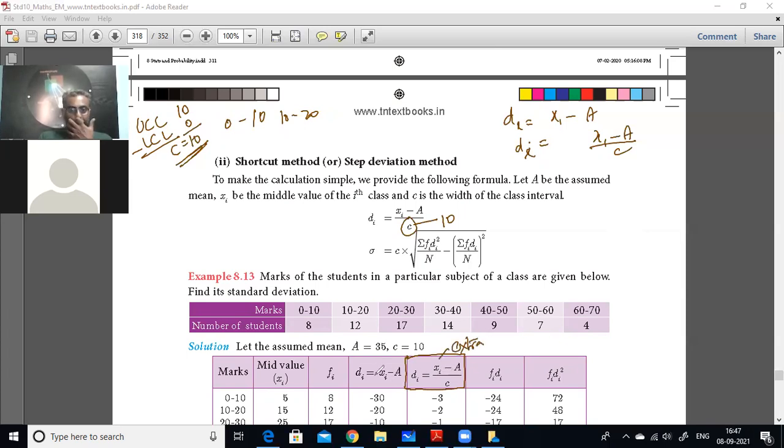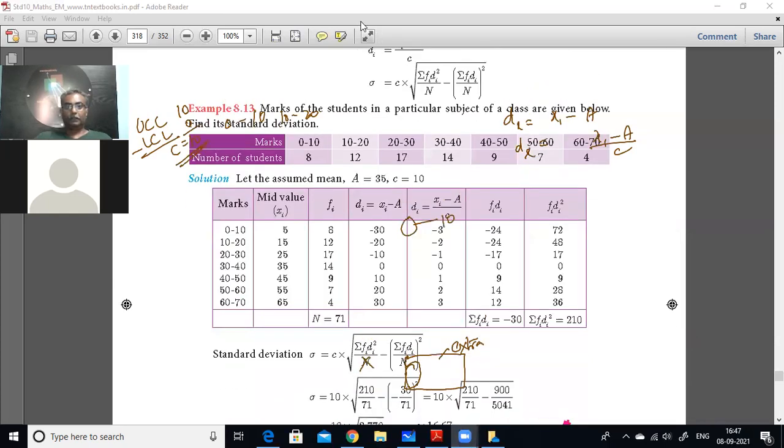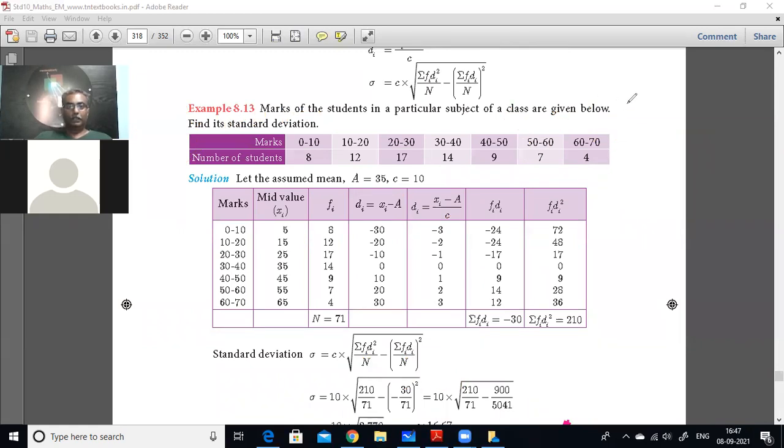Xi minus a you find, then divide that by c, divide that by 10. So this is not the di, it is simply an intermediate step. This is the real di. Don't get confused because he's putting it 2 times. This is the real di.